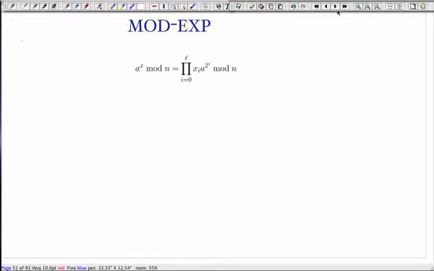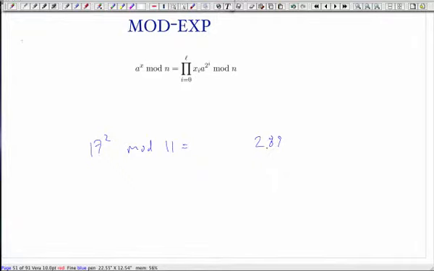Everybody comfortable with modular exponentiation? If I give you, let's say, 17 squared mod 11, what would it be? Who said it? Let's say 17 squared was 289. Then what would it be?